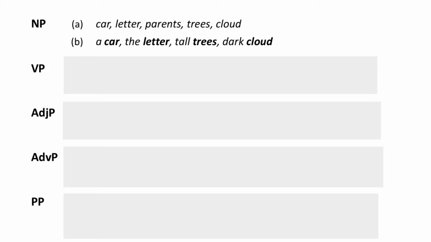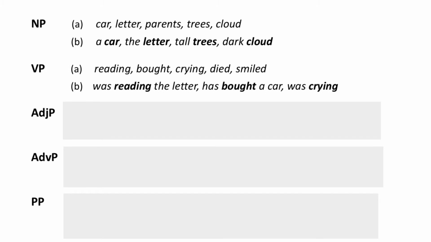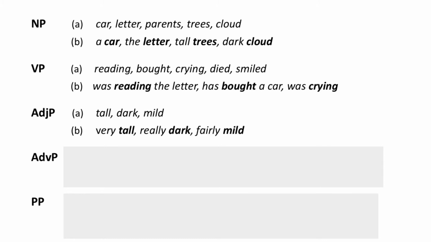So first, car, letter, parents, trees, and cloud are noun phrases, as well as a car, the letter, tall trees, and dark cloud. Next, reading, bought, crying, died, and smiled are verb phrases, as well as was reading the letter, has bought a car, and was crying. And next, tall, dark, and mild are adjective phrases, as well as very tall, very dark, and very mild.